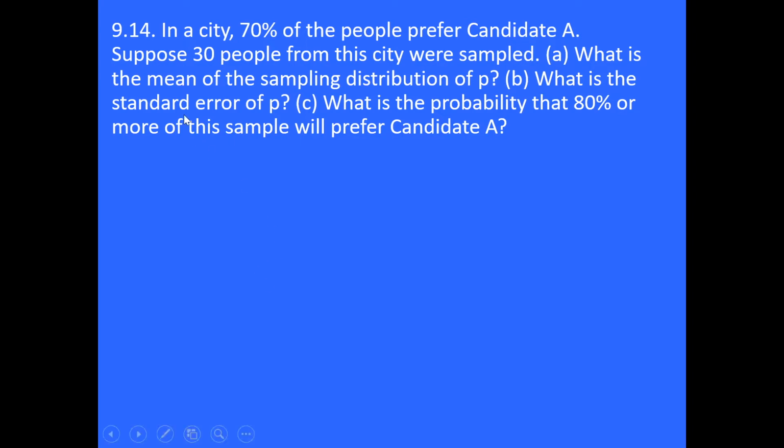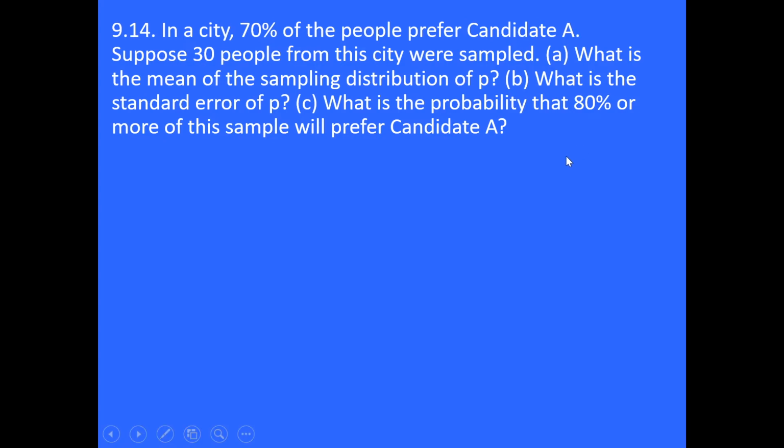So P here is the 70%. And then what is the probability that 80% or more of this sample will prefer candidate A? Okay, so that's a parameter. Here we have a sample size.